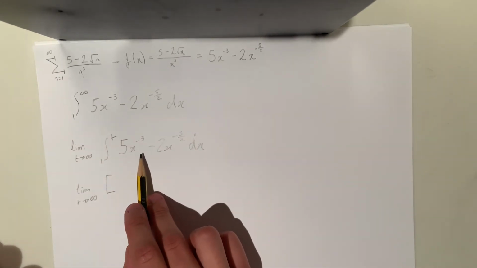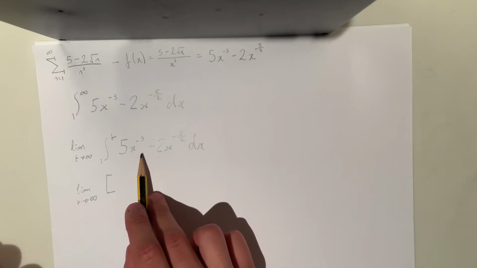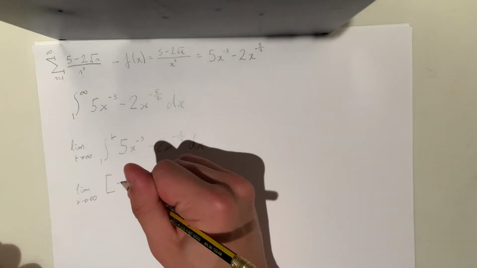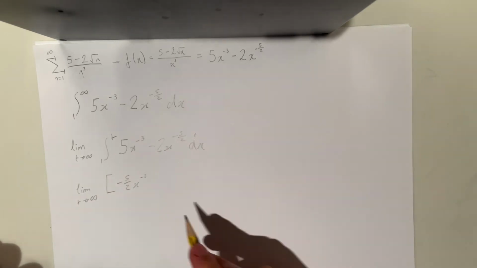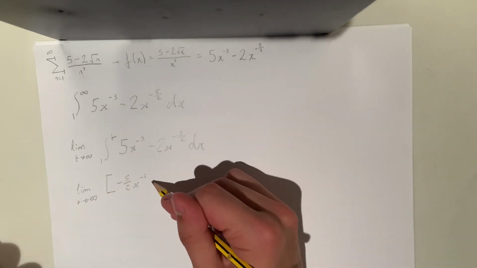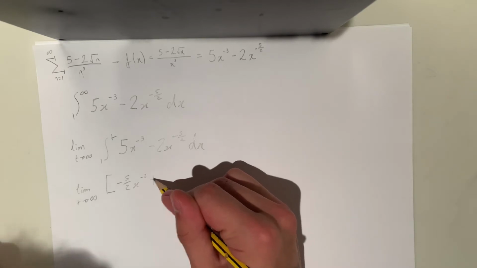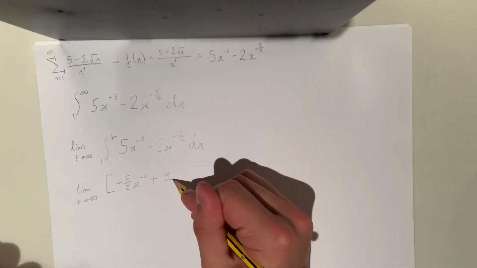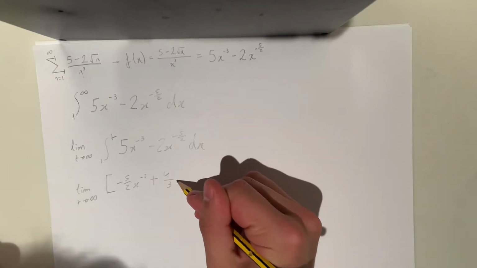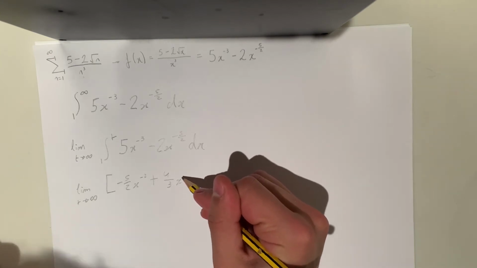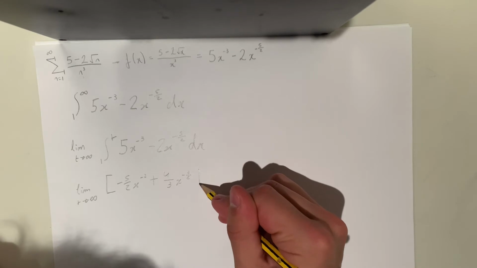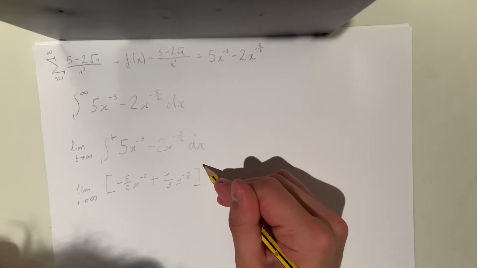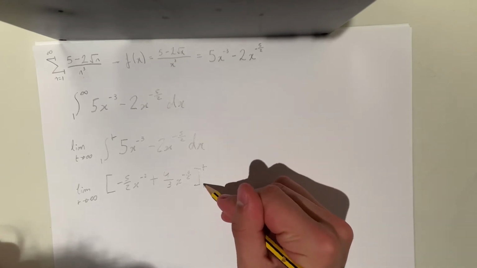Integrate 5x to the minus 3. You get minus 5 over 2x to the minus 2. Then you're going to get here plus 4 over 3x to the minus 3 over 2. And that's going to be between t and 1.